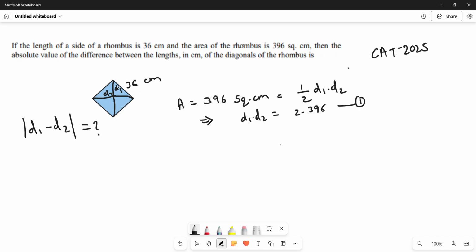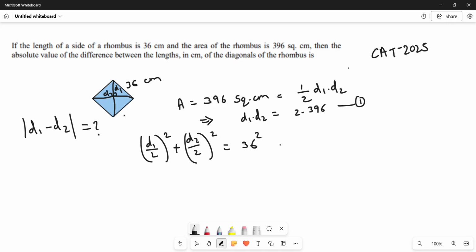If you see, the diagonals intersect perpendicularly at the center. So this forms a right angle triangle. Based on this, using the Pythagoras theorem, we get half of the diagonal, d1 by 2 whole square, plus d2 by 2 whole square, will give us the side square, that is 36 square.